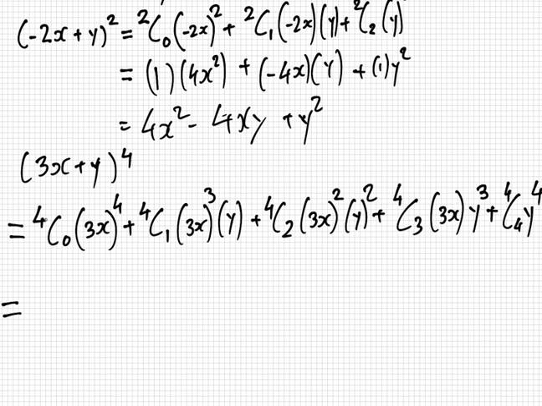Okay, so if we take out the calculator, 4C0 is 1, and then 3 power 4 is 81. So I get 81x^4.